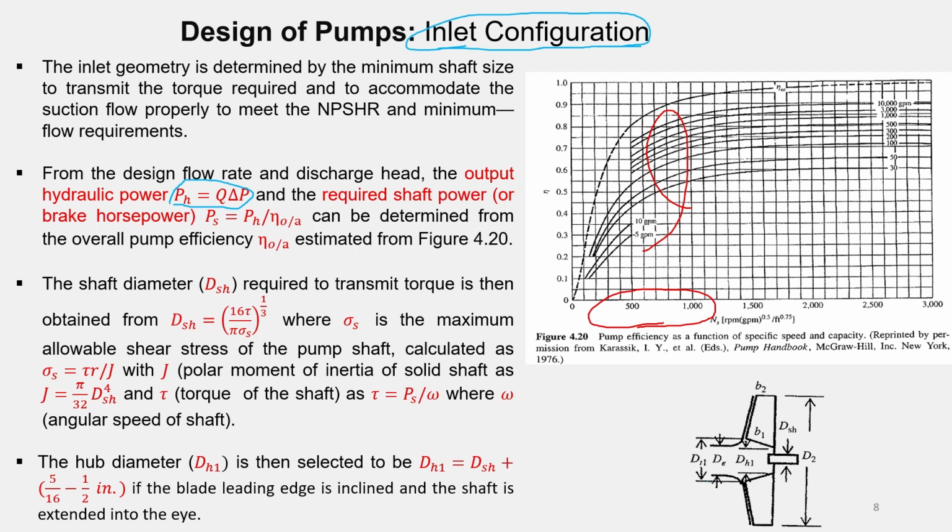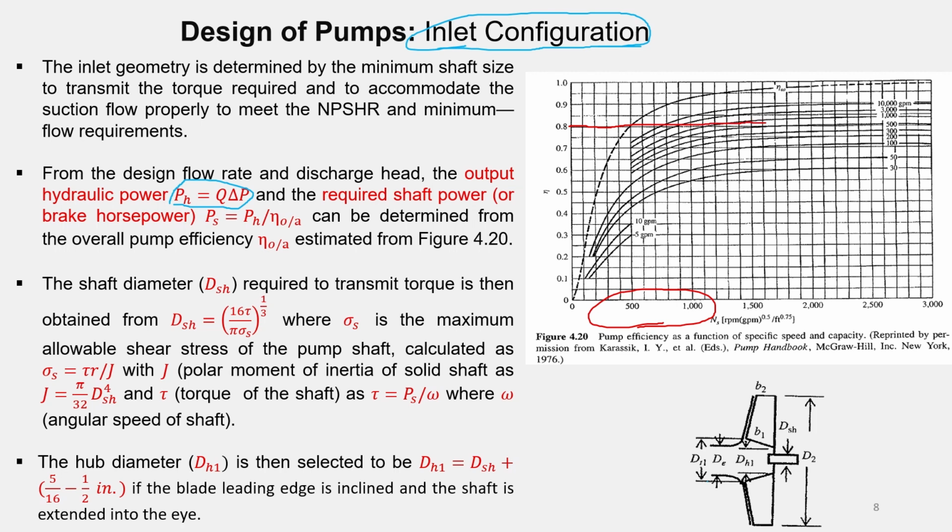For example, if you calculate the specific speed and found it to be 1500, and you know that your flow rate is, for example, 10,000 gallons per minute, then going horizontally in this direction will tell you how much efficiency you should have. By the way, I'm not accurate here, you should go very horizontally in order to be able to read it.